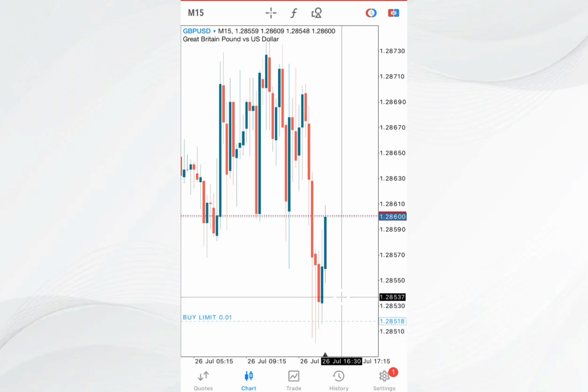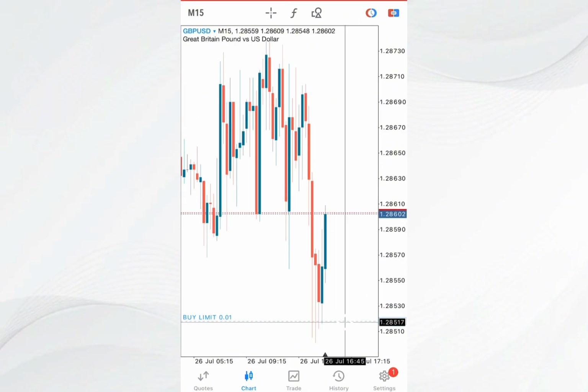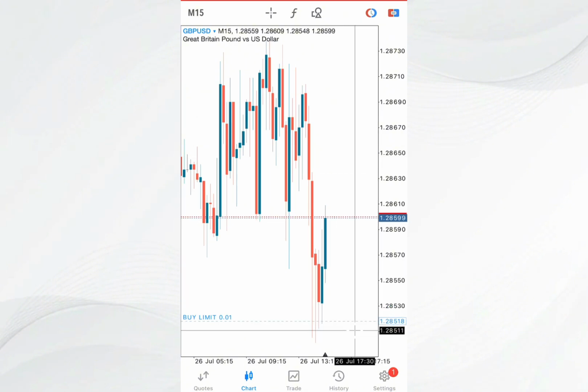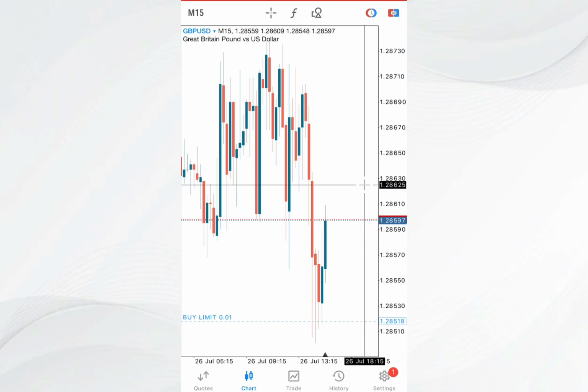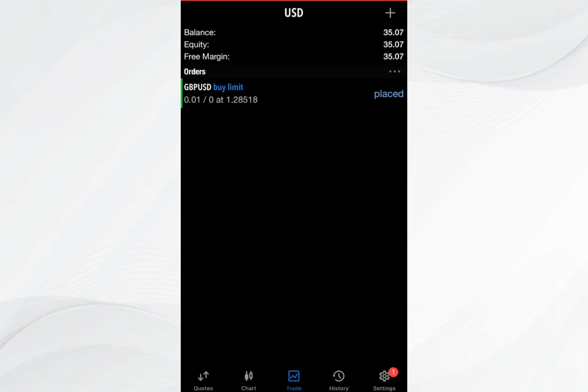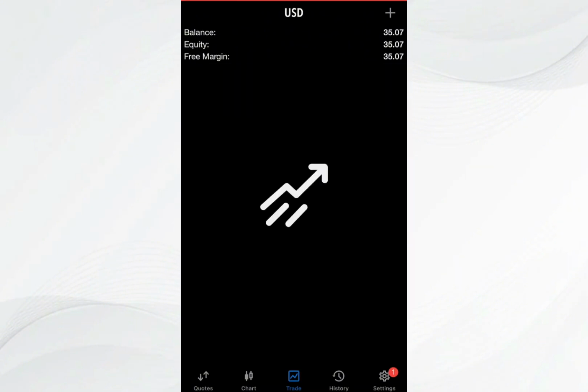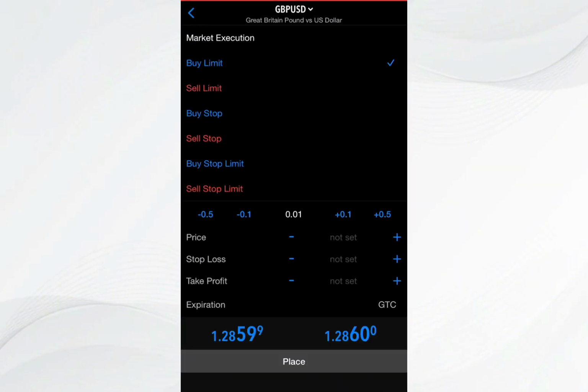So when price comes back to this place again, I'm expecting it to keep going up, to the upside. Okay, so that's for the buy limit. I'm going to delete this, and then we'll head on to sell limit.